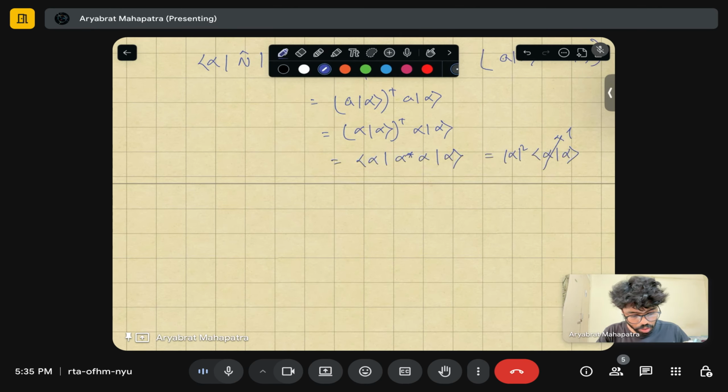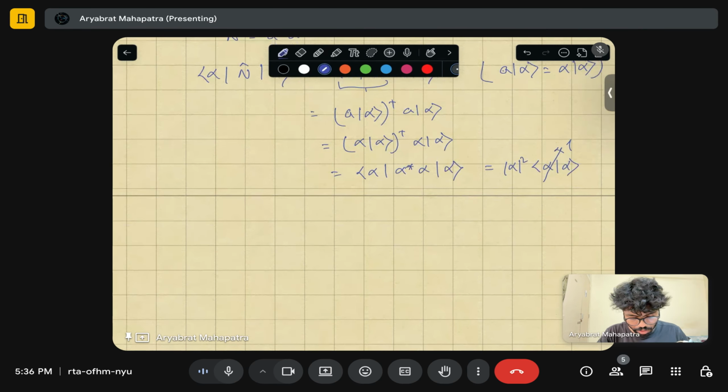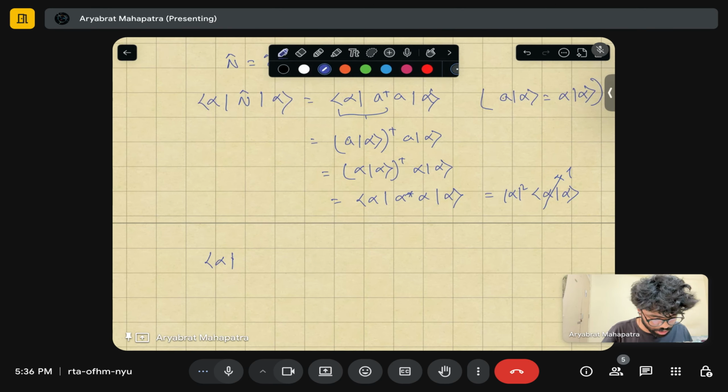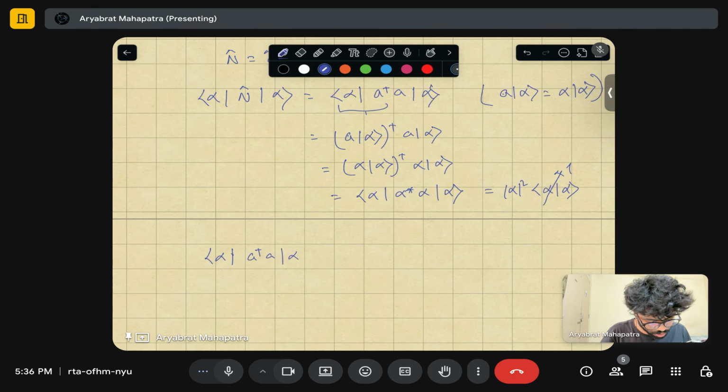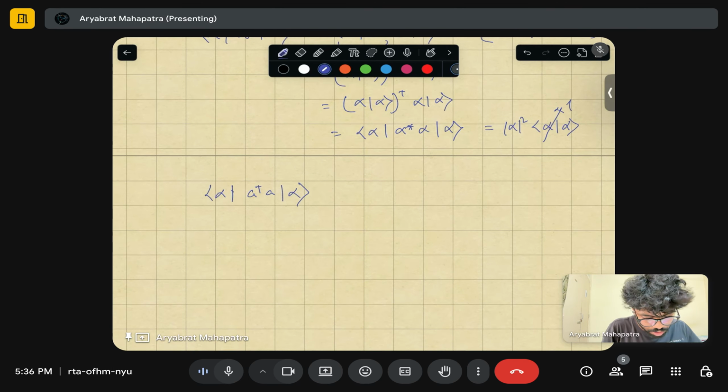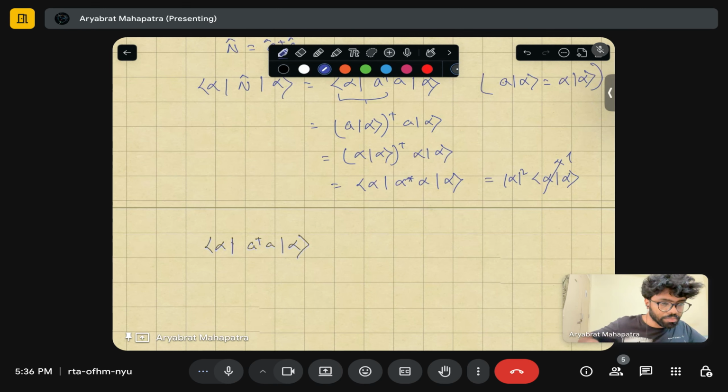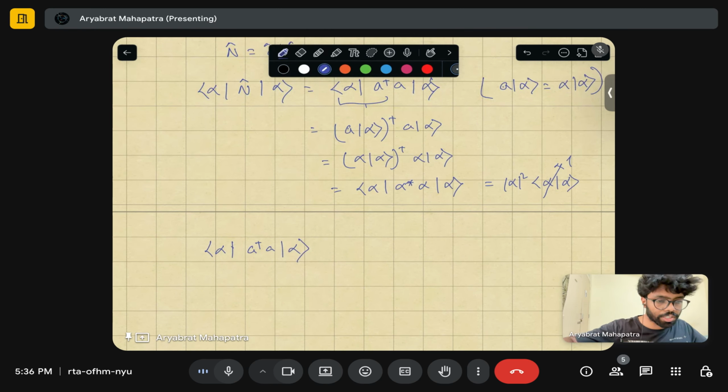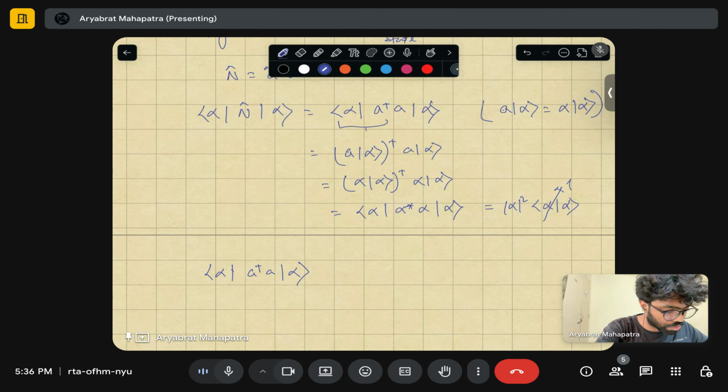Or you could have also done this using this way, where you could have started with alpha a dagger a alpha, and used the idea of... I mean I wanted to say, the one which we did is an easier approach to come to this conclusion, alpha square.